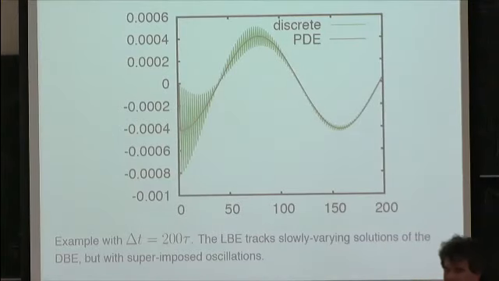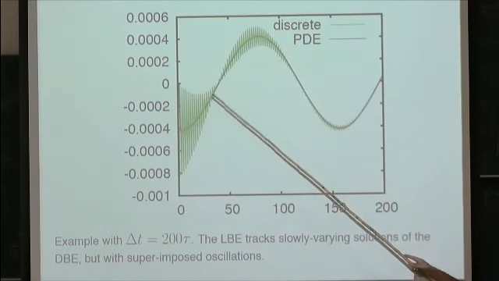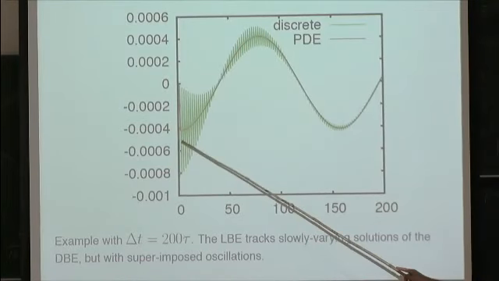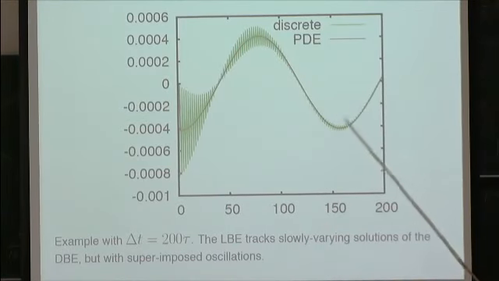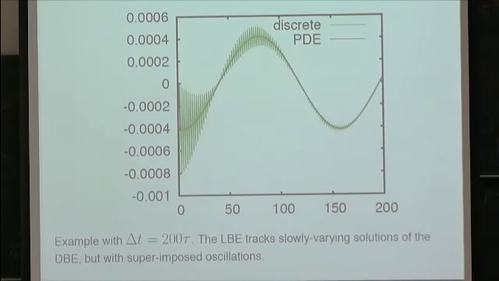So here, for example, I'm comparing what you get with solving a discrete Boltzmann equation, where you have an initial transient over a timescale tau, and then some slowly varying solution. And the Lattice Boltzmann scheme is tracking that, but with superimposed high-frequency oscillations, because tau is small compared to delta t.